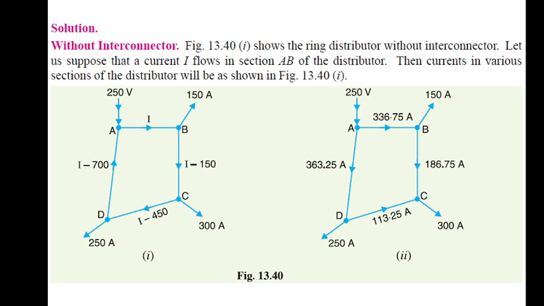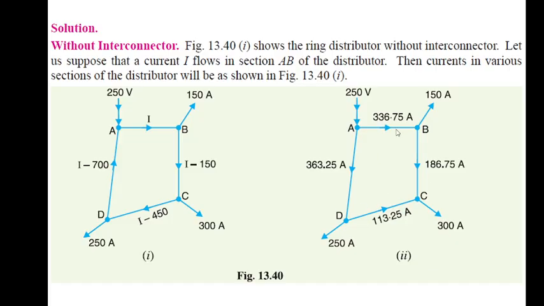In the second part of the figure, the actual numerical values of currents are shown after solving the system. This result indicates the true distribution of current in each section of the ring, such as 336.75 amp in AB, and so on.